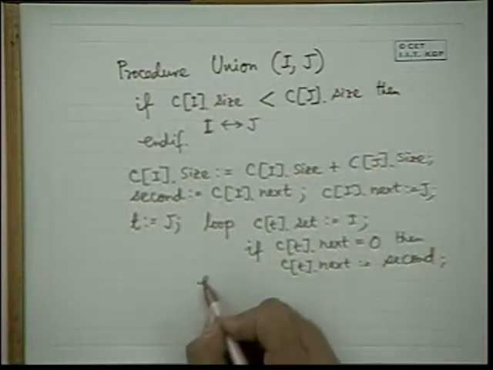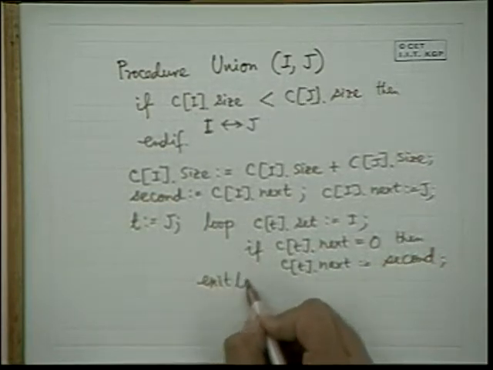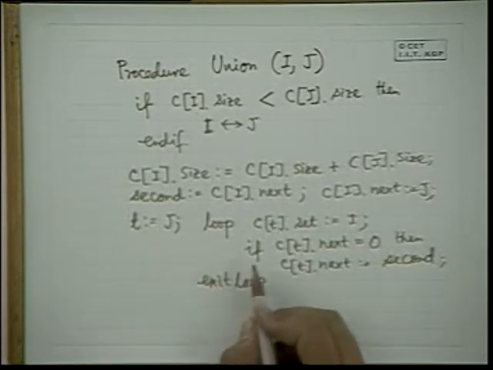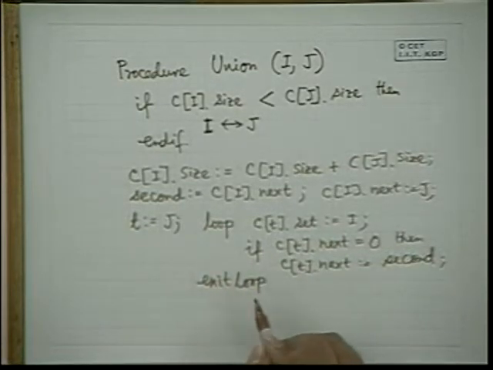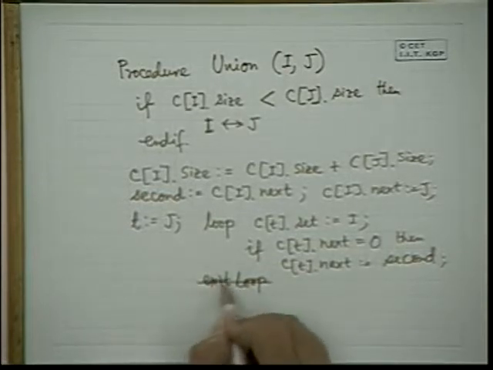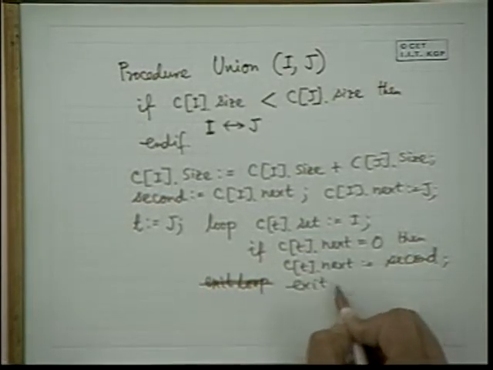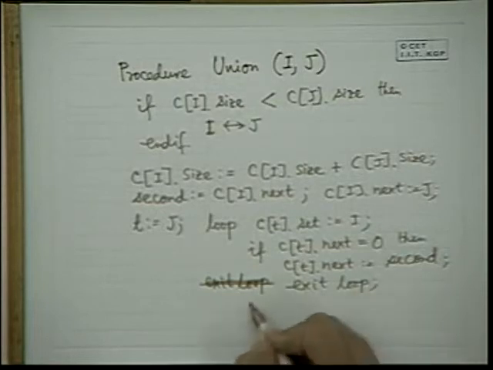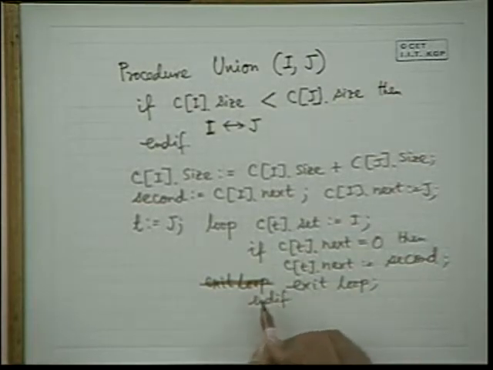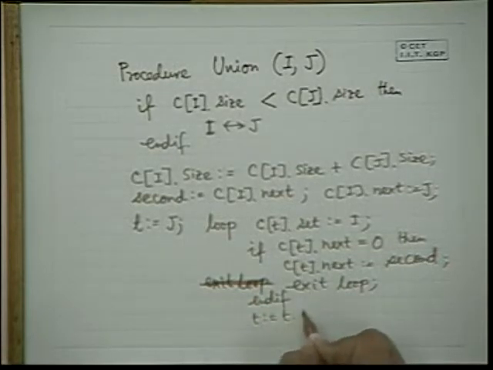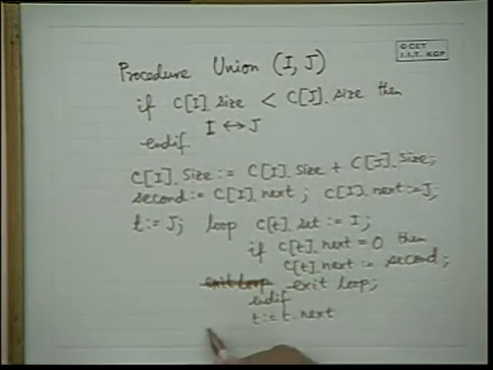This can be verified, what it is doing is exactly just changing the name properly. Exit the loop, oh sorry, this should be in the if: exit the loop if it has happened, and t is equal to t.next, and this is forever. Forever means the loop is going; I am not writing in a do-while fashion.